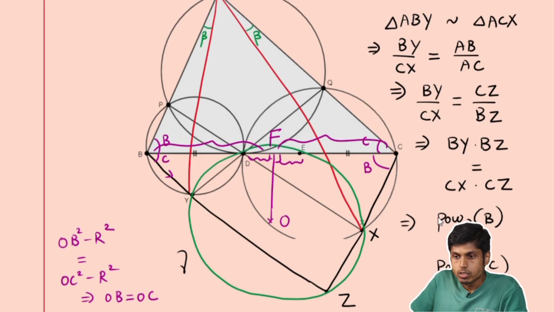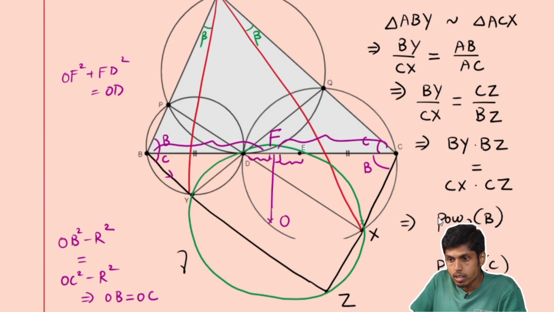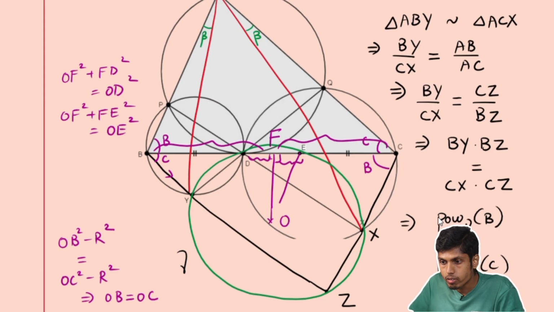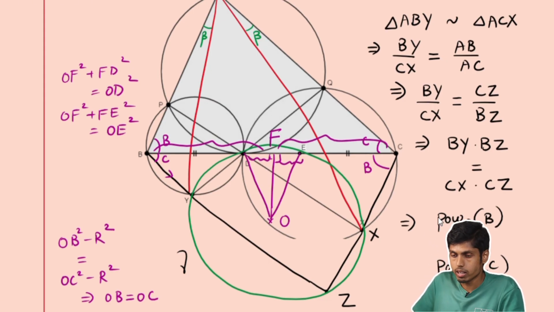Therefore, the new position will also be at equal distances from the point F. So we have OF square plus FD square equal to OD square, which is also equal to OF square plus FE square, that is OE square. And hence, OE will be equal to OD, meaning that point E lies on the circle, completing our required proof.